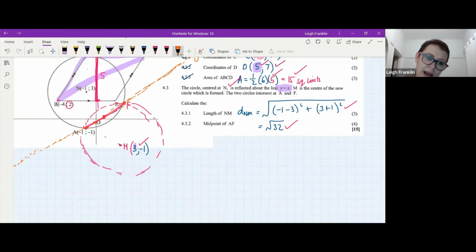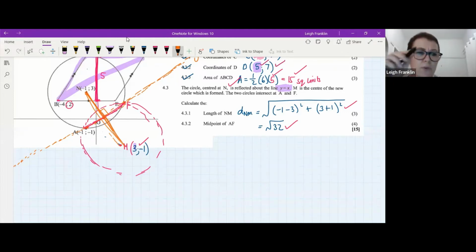If we worked out the gradient of line NM, oh God, I'm drawing that so badly. These two would have to be perpendicular to one another, because it was a reflection over the line y equals x. So the line from N to M has to be perpendicular to this one.